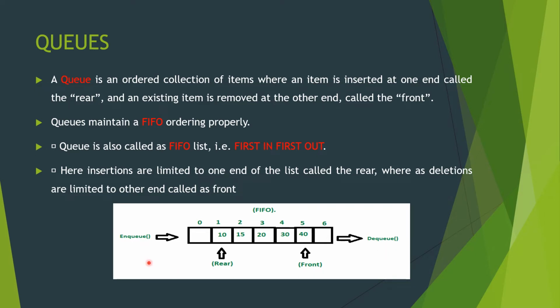The process of inserting an element into the queue is called enqueue, and the process of removing an element from the queue is called dequeue. Here the elements are inserted into the queue one by one. First 40 is inserted, then 30, then 20, then 15, then 10.